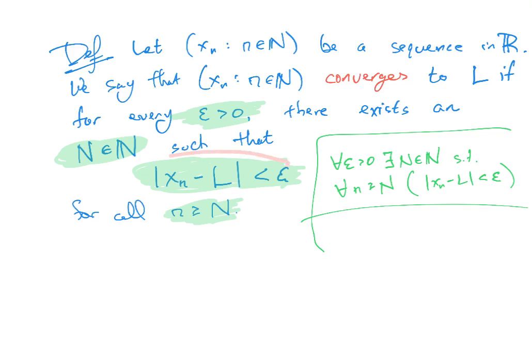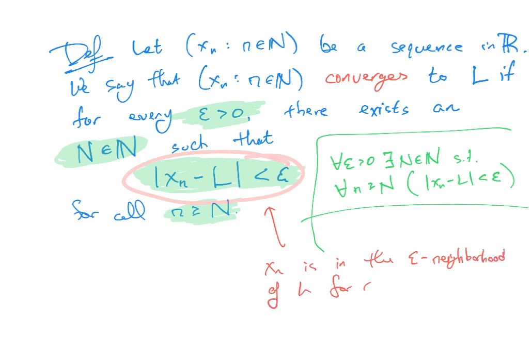A bit of notation that we skipped, I think this was in chapter 1, is x_n is in the epsilon neighborhood of L for all n at least capital N. There's a definition that we didn't do, of an epsilon neighborhood. It's the set of points within epsilon of your point.